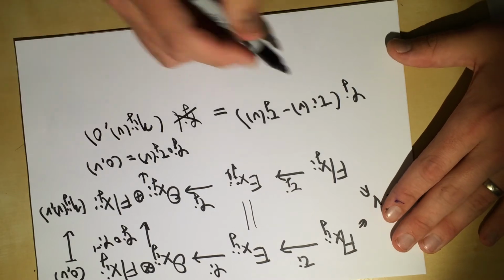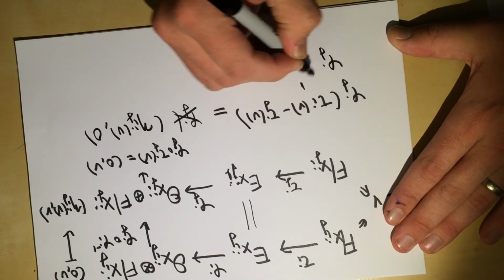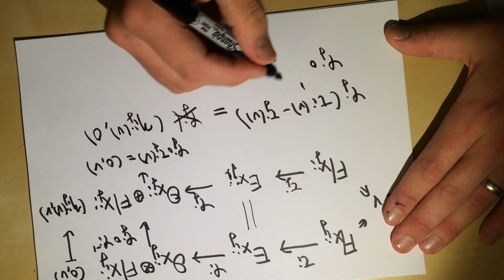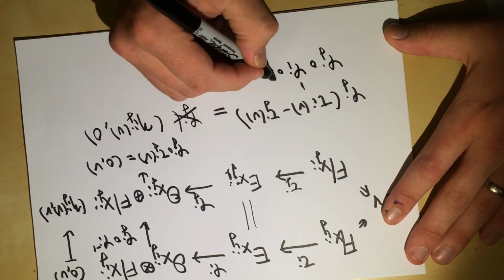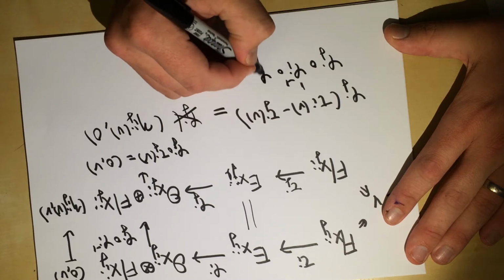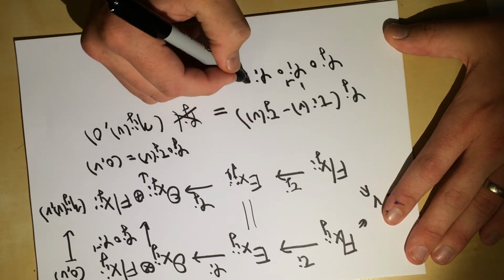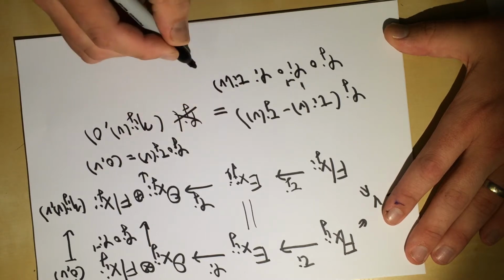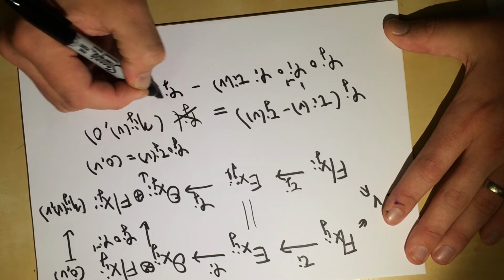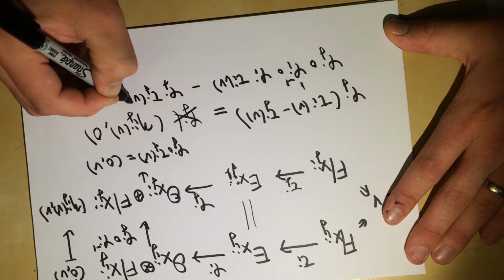Okay, so this thing here is phi j composed with tau I of phi I of tau I of v, like this, minus phi j tau j of v.